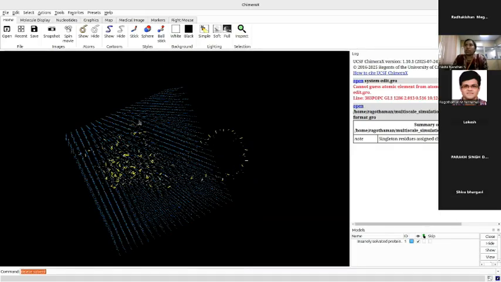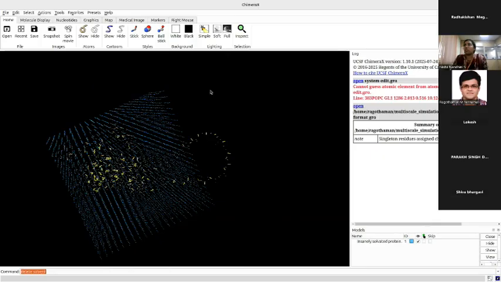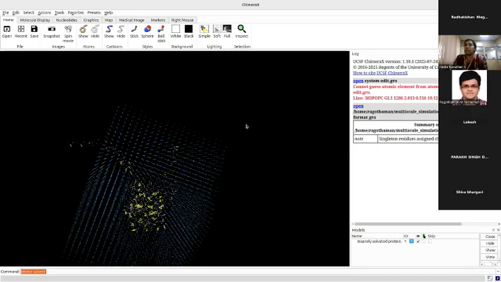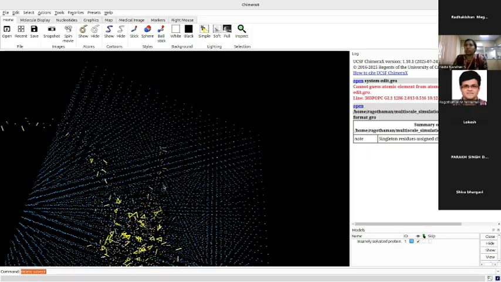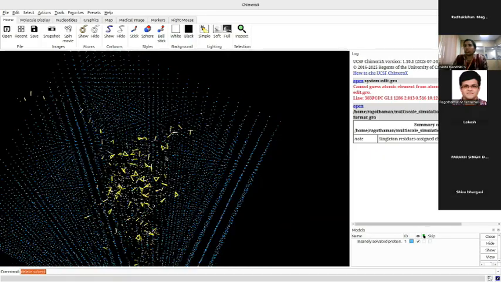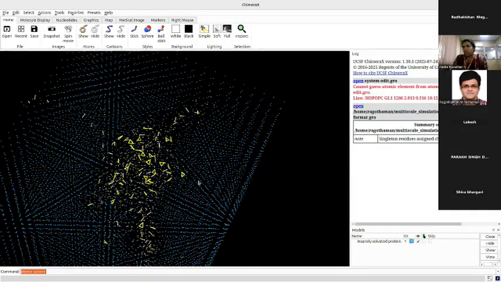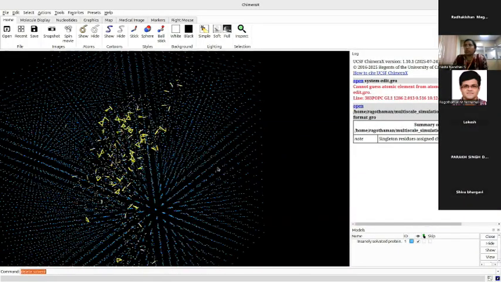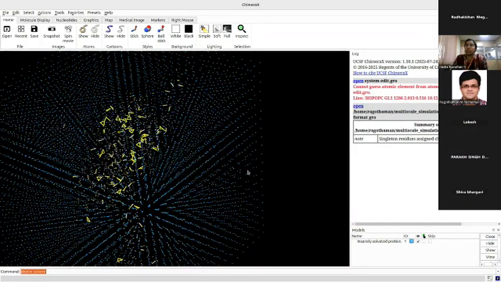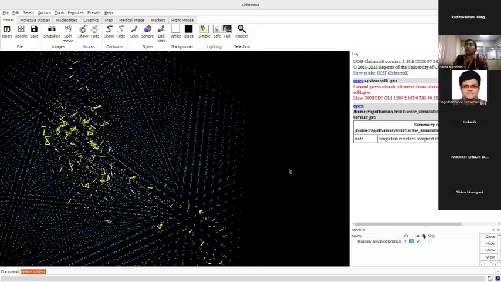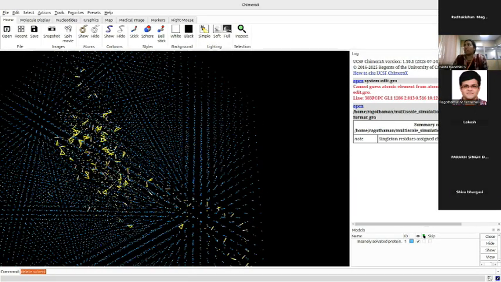Here you can see the sodium ions as well as the chlorine ions being added. The dots around, just away from the central protein core, represent the ions that we have added to neutralize the system. So with this setup, our protein is ready for simulation.